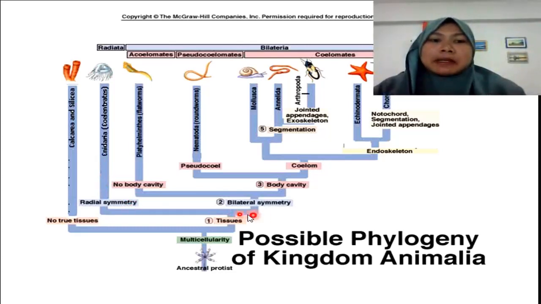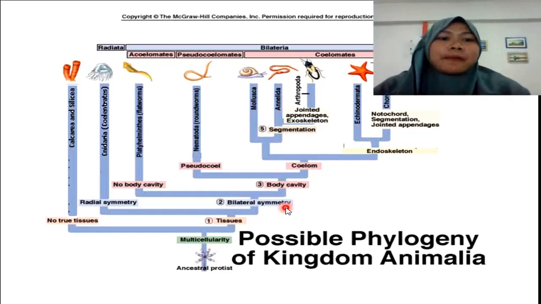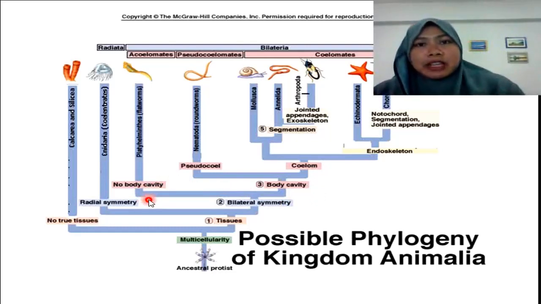Other animals have bilateral symmetry. Bilateral symmetry means you have only one imaginary line to cut the animal. For example, us, we have bilateral symmetry. Animals with bilateral symmetry are subdivided again by looking at their body cavities. Some animals do not have body cavities. So what is a body cavity? I will explain a bit further after this.